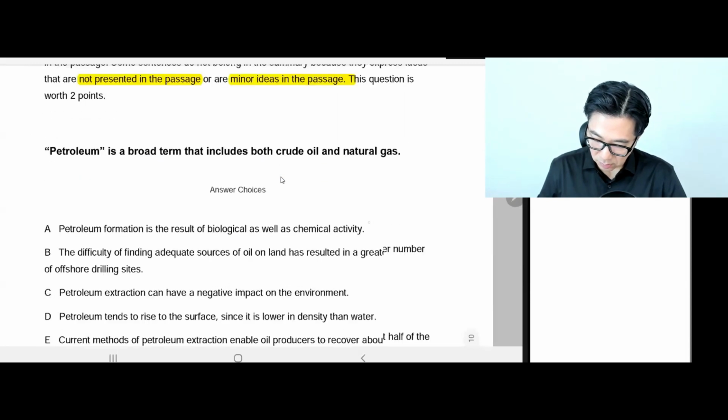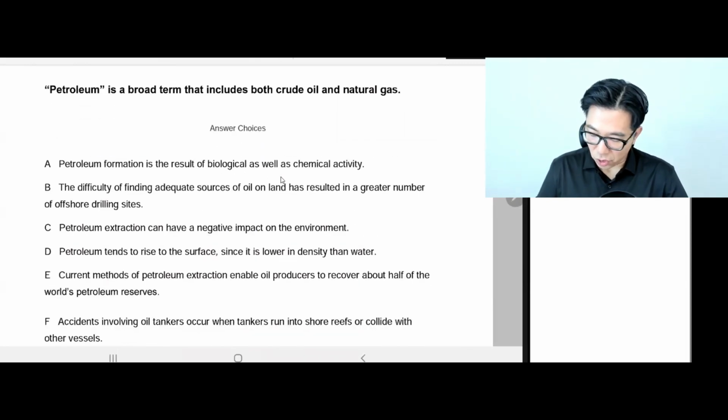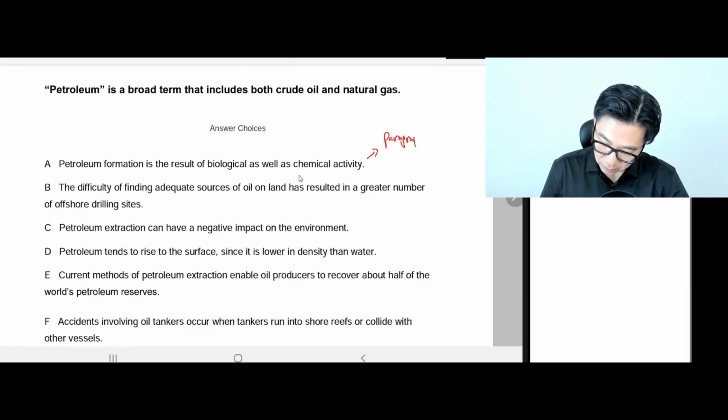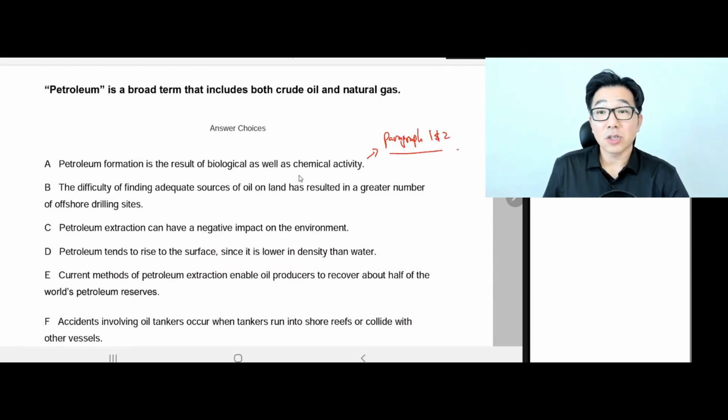All right, let's go. Petroleum is a broad term that includes both crude oil and natural gas. A. Petroleum formation is the result of biological as well as chemical activity. Yeah, exactly. Paragraph 1 and 2. So paragraph 1 and 2 show it is biological because it all starts with sediment and organic matter in sediment. It's a starting point.